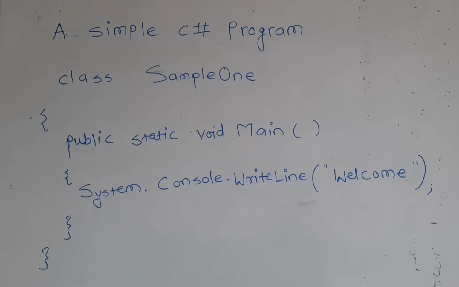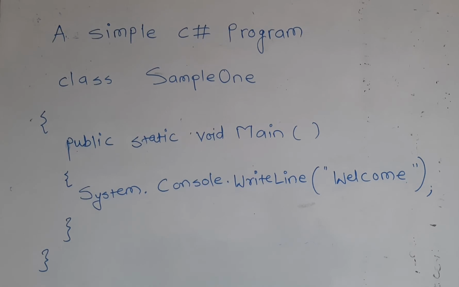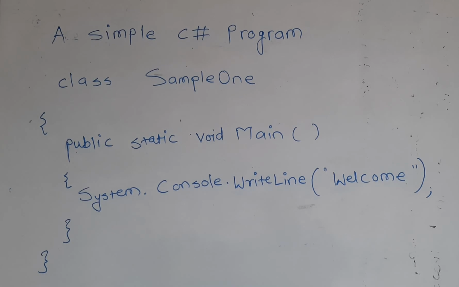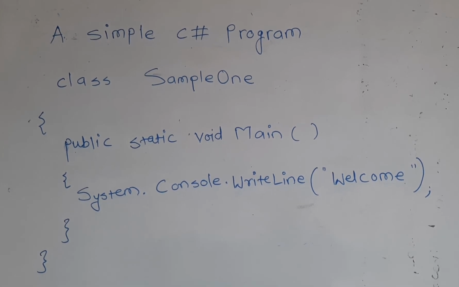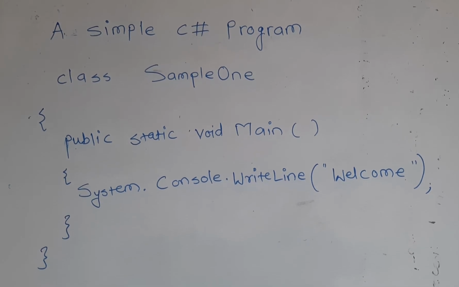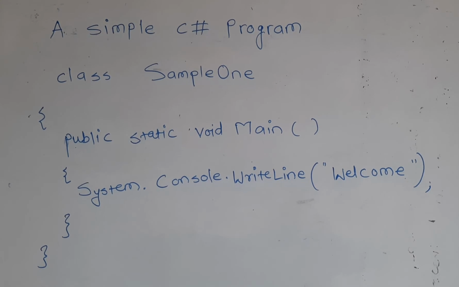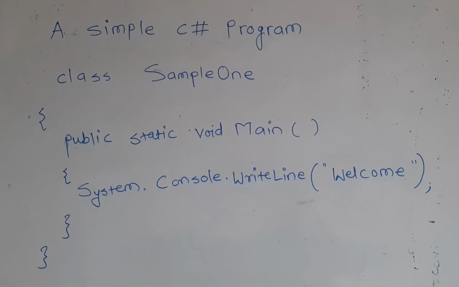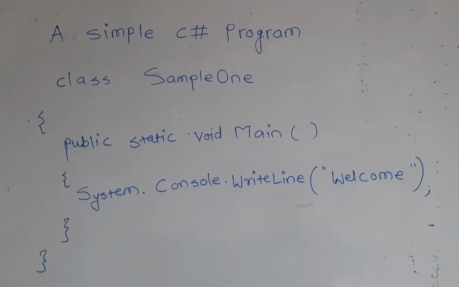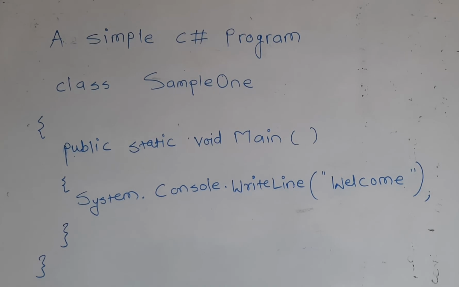A namespace is nothing but a collection of classes. In a namespace, different types of classes are available. Console is a class. It can handle the different types of input and output operations related to the console. So Console is the class and WriteLine is a method. This WriteLine method adds an enter after displaying the message given in double quotation marks.